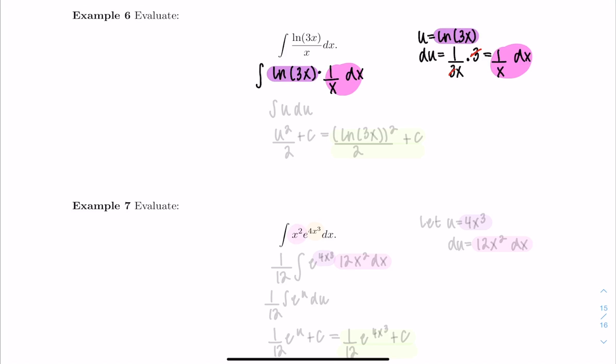And so what we end up having is u du, which is u squared over 2 plus c. And then we just back substitute the value for u. So that gives me the ln of 3x squared all over 2 plus c.